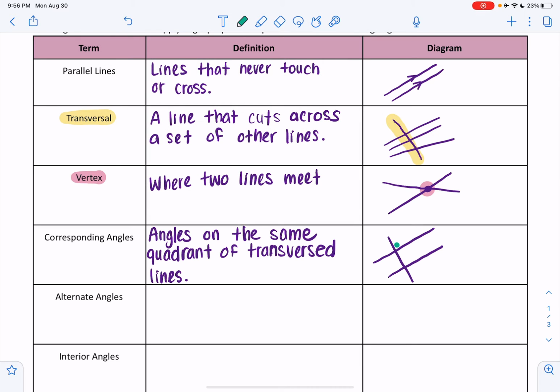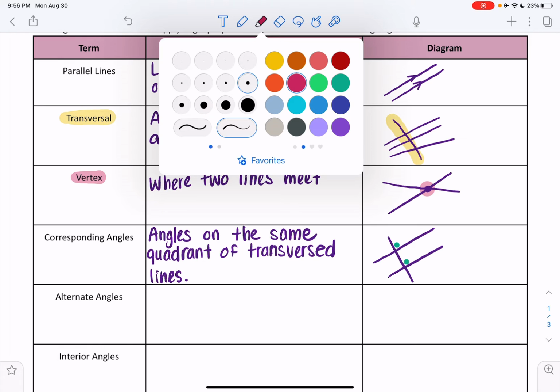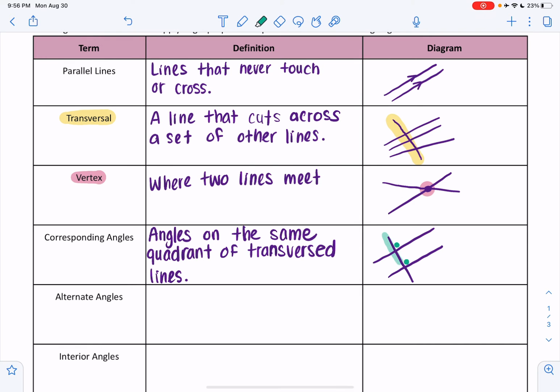So the ones on these inside corners here. Just like that. Now, one easier way to find these is these form an F shape. There's the bottom of the F and the two top bits. So this is like an upside down F.